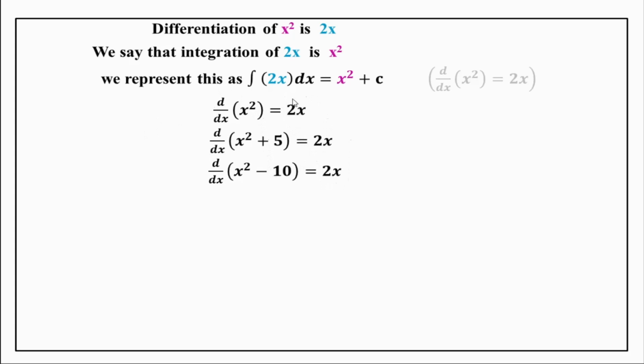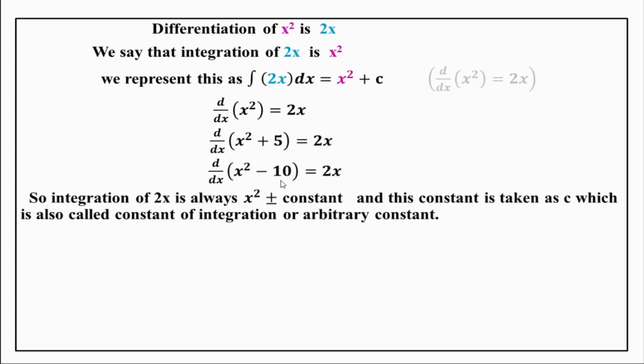Can we say the integration of 2x is just x square, or that integration of 2x is x square plus 5, or integration of 2x is x square minus 10? We don't know. That's why we say integration of 2x is always x square plus or minus some constant which we don't know.